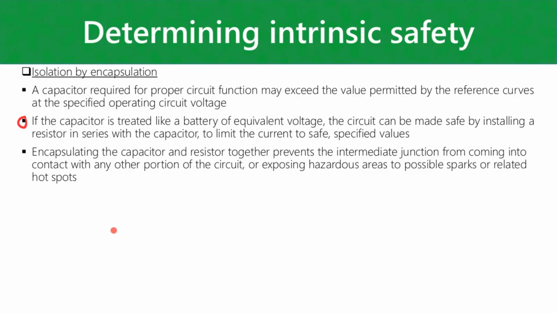Usually this means they're cast in resin to prevent the junction between the capacitor and resistor from coming into contact with any other portion of the circuit, or exposing it to any conductors that could potentially cause sparks and hot spots. So that's encapsulated and kept from getting into contact with the hazardous area.